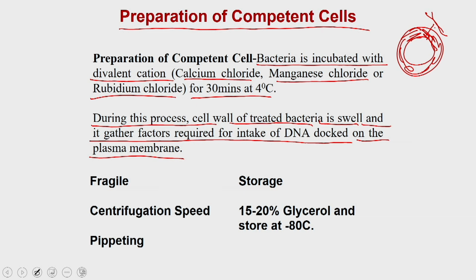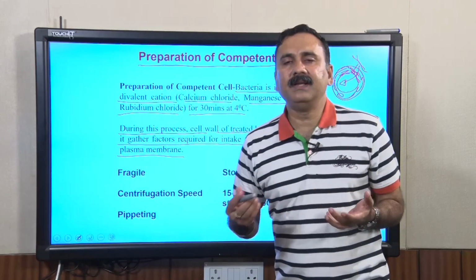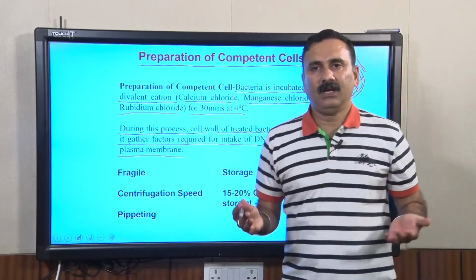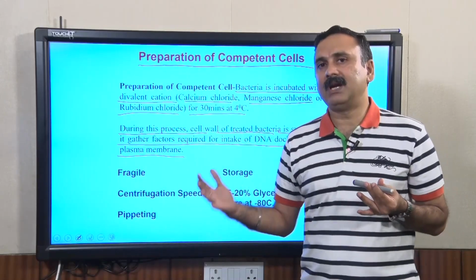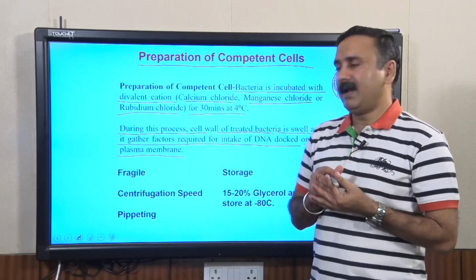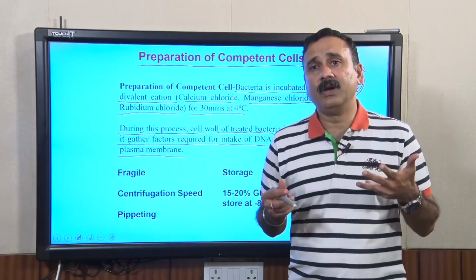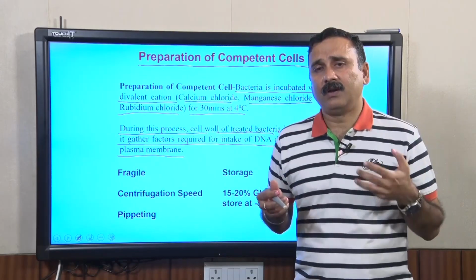So, that is how the DNA will enter into the bacterial cell. But what is important is that when you are making these E. coli cells competent, or when you are treating them with divalent cations, as we discussed, the cell wall is going to be loose or swollen.